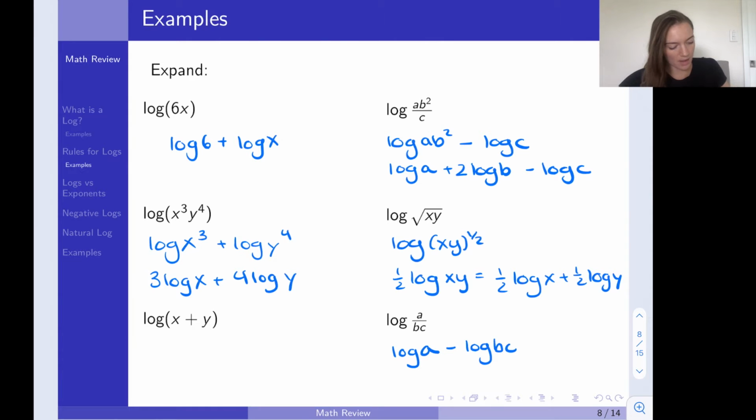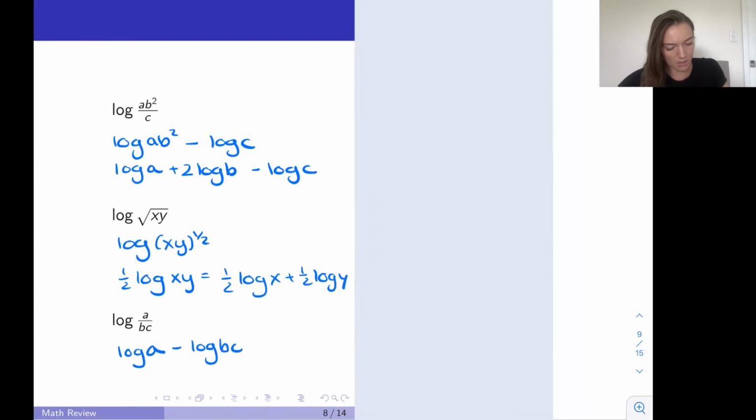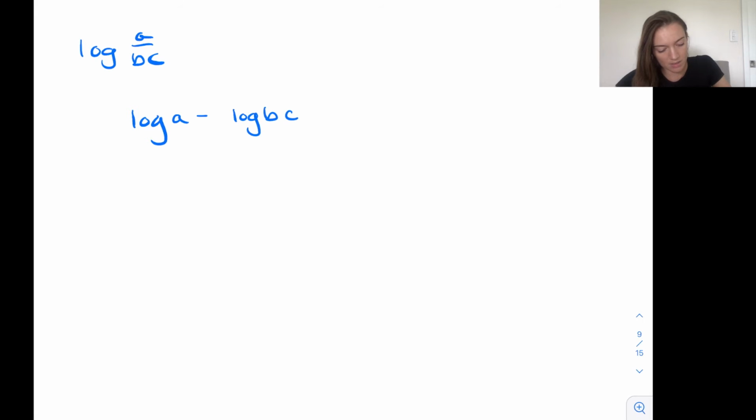Now, to expand out this log of b times c, we have to be a little bit careful. So I'm going to open up a new page. So we have log of a over b times c, and we said that this is log of a minus log of bc. So imagine there are like parentheses around this log of bc.